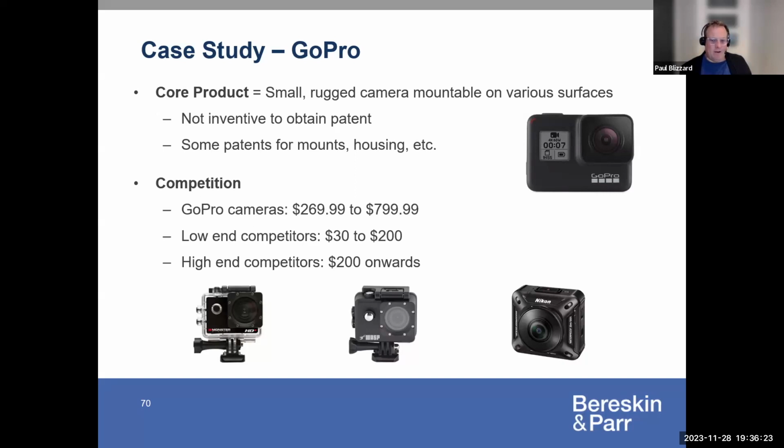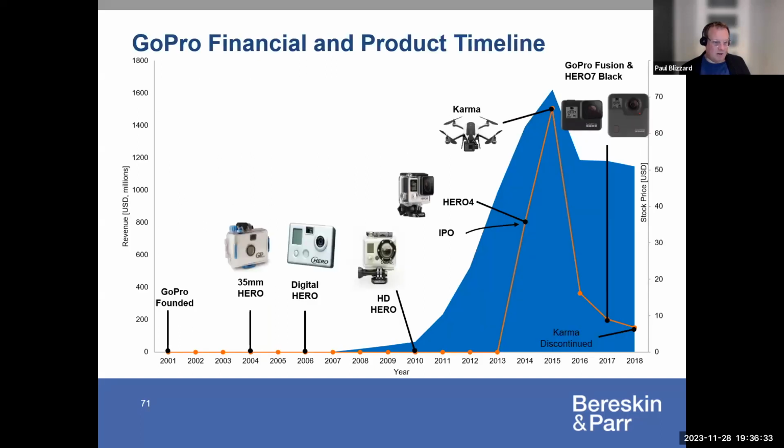But what was interesting with GoPro is that even though their technology wasn't super innovative, they did pursue a very interesting IP strategy. As I mentioned, GoPro was founded in 2001, 2002. There was a 35 millimeter Hero camera.